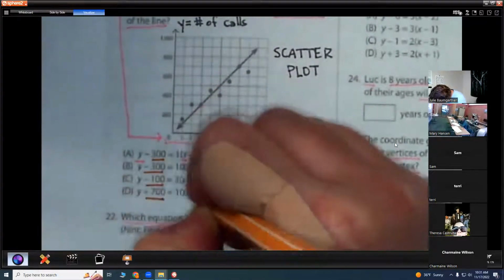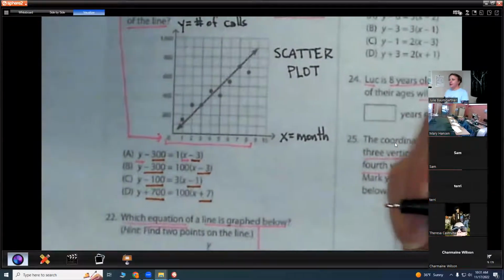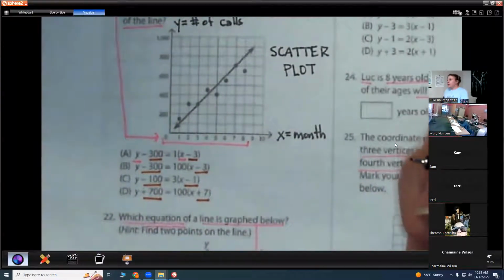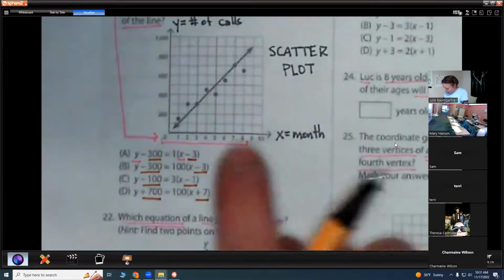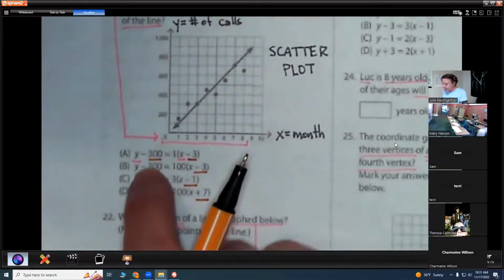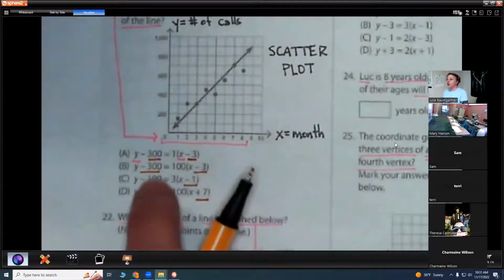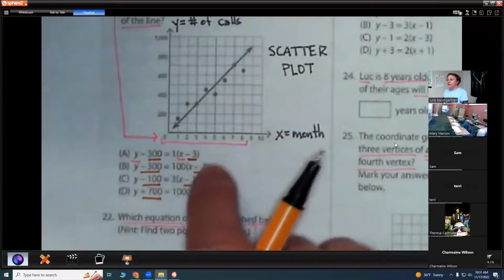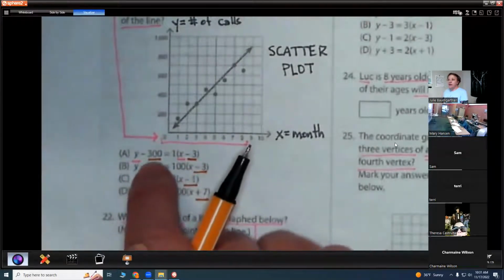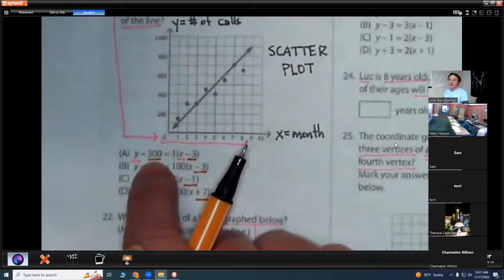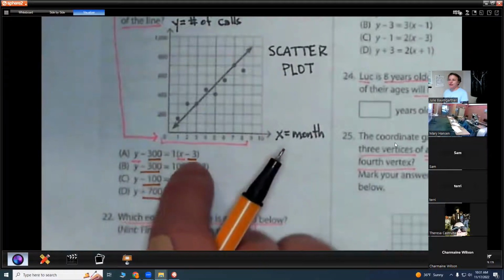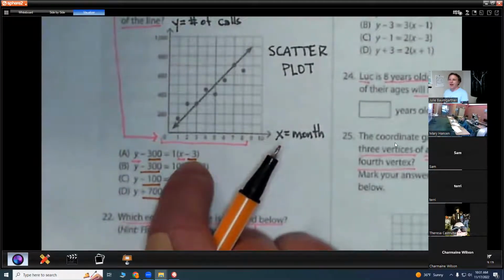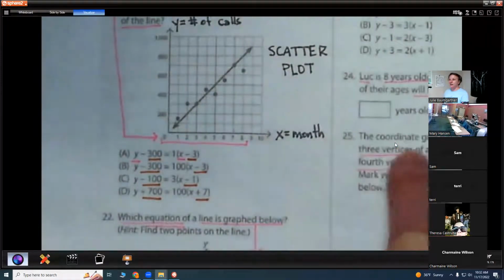What I'm underlining in orange, which I'm sad clashes with my pink, but it's okay, is a point on the line. So they're telling us that maybe one of the points on the line is negative 300, negative 3. Is that on our line here?